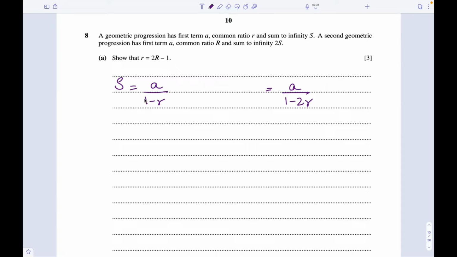So let's take an example: if this is 2, this is 4. To make them equal, I will have to multiply this by 2, and then they will become equal.